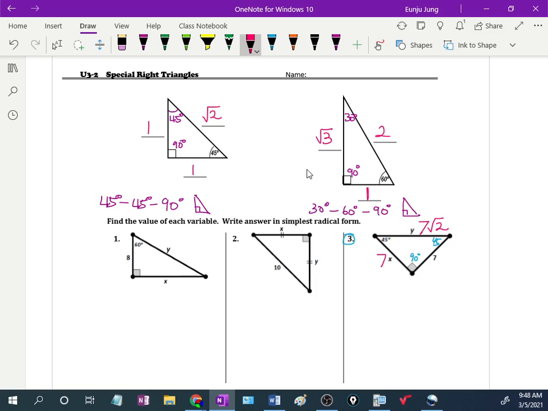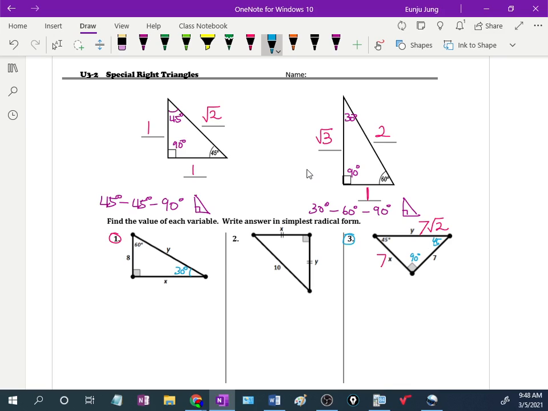Now let's see. Number one looks different. So let's try number one. What kind of triangle is this? That's right. This is a 30, 60, 90 degrees special right triangle. What's the ratio? Shortest one, 1. Longest, the hypotenuse, twice. And the third side, root 3 times, okay? From the shortest.